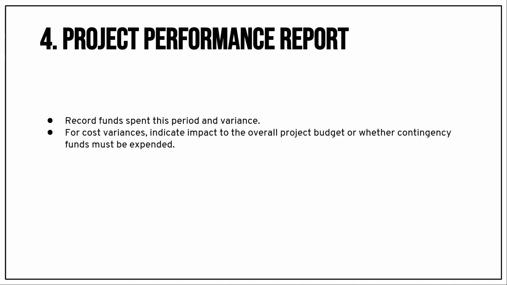As I mentioned, cost variance indicates the impact on the overall project budget, or whether contingency funds must be expended. So we also should have a contingency fund to handle the risks and issues actually.